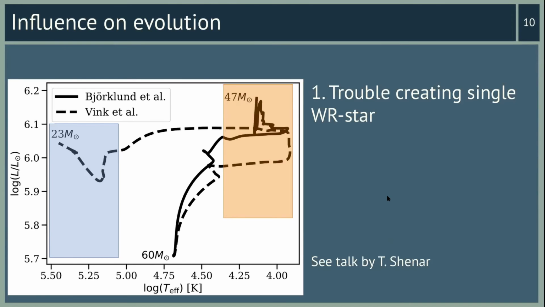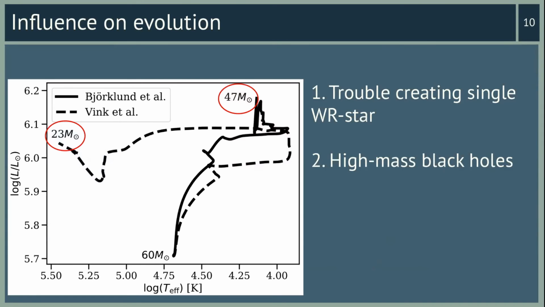Another thing we can see from such evolution calculations is that the final mass of the star before it dies is higher because less mass is lost from its envelope. And this could directly relate to the mass of the black hole that it leaves behind.